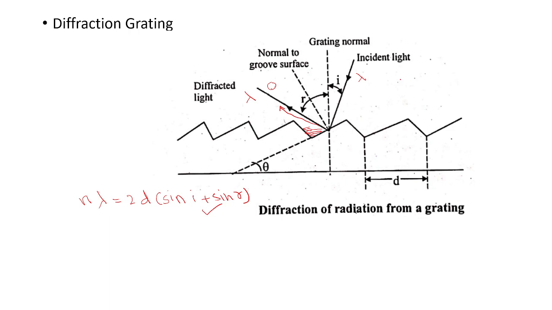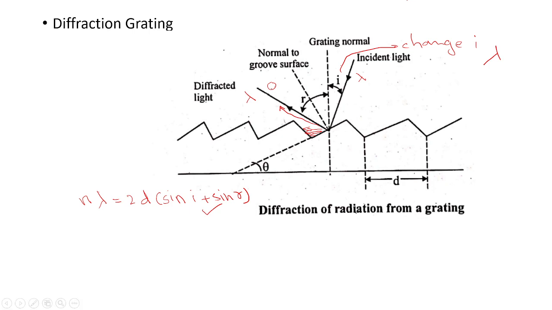Now depending on which light you want, you can keep changing this i, and you will get the particular radiation lambda. Depending on your requirement, you can change the angle of incidence on this diffraction grating. If you want to know how it works, you can study it in physics, where the details can be studied.